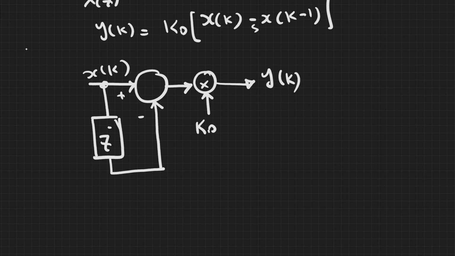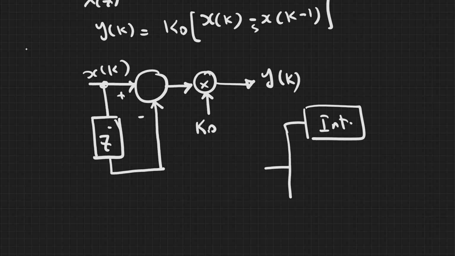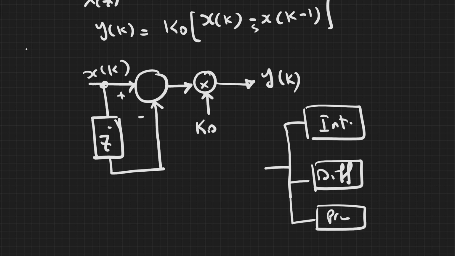And for the proportional, it's quite trivial. So you can just combine those three blocks together. You have your input, and then it goes to the integrator difference equation, the differentiator difference equation, and the proportional difference equation, and you just add them together.